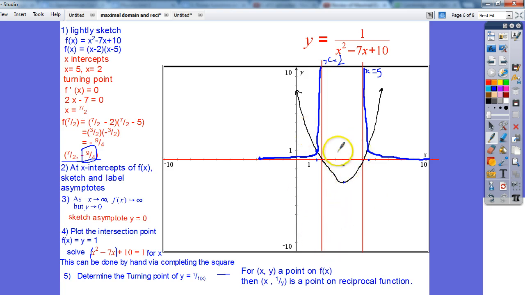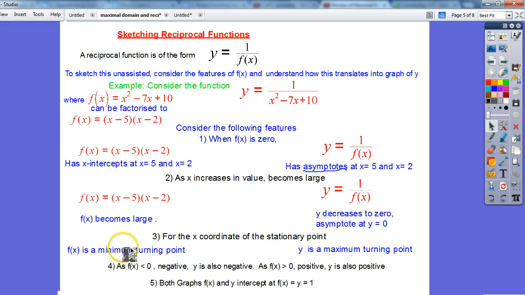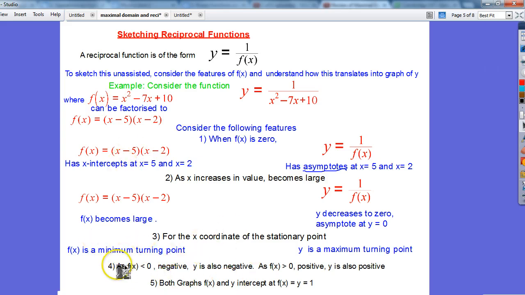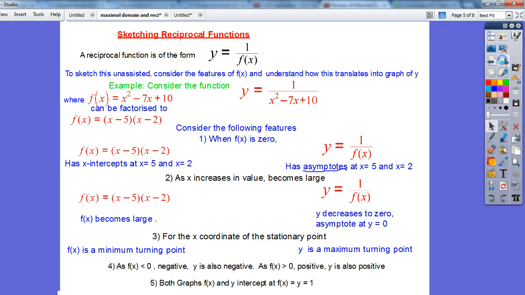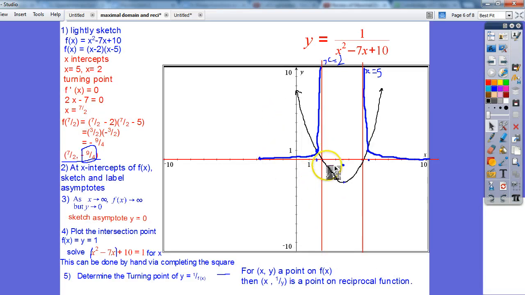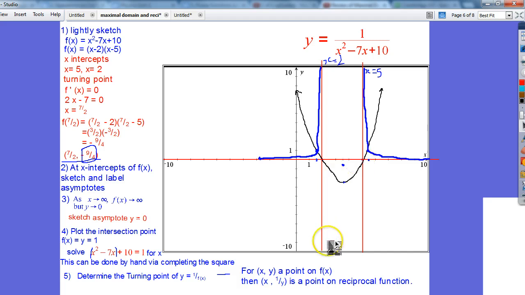Now, how does the graph look lastly? One thing I need to keep in mind is that here, as f of x is negative, then y, the reciprocal function, is also negative. So that means here the parabola is negative, my reciprocal function is going to be negative also.